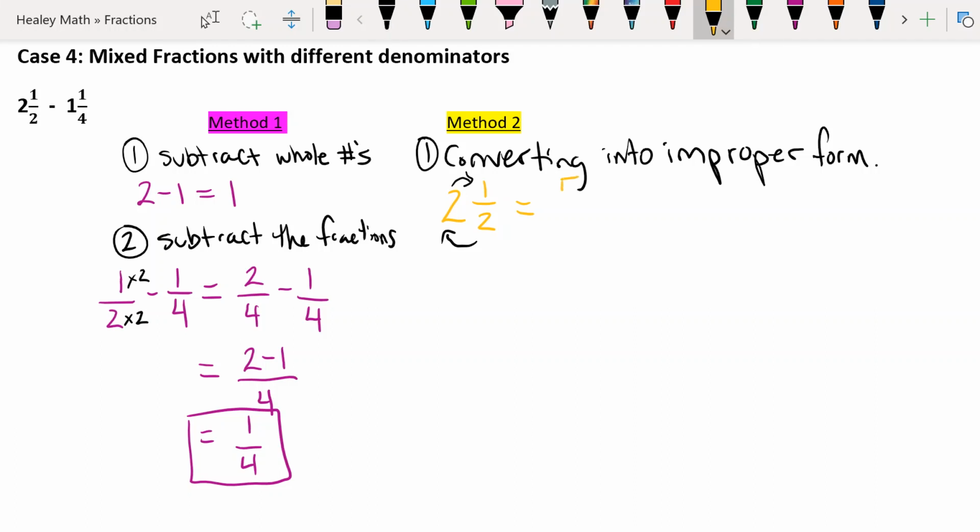You get 5 over 2. In the other fraction, we have 1 1/4. And same method, 4 times 1 is 4, plus the numerator, which is 1, and 4 plus 1 is 5. So we have 5 over 4.